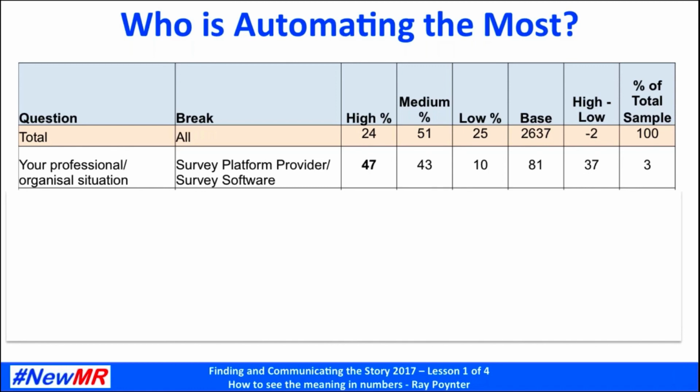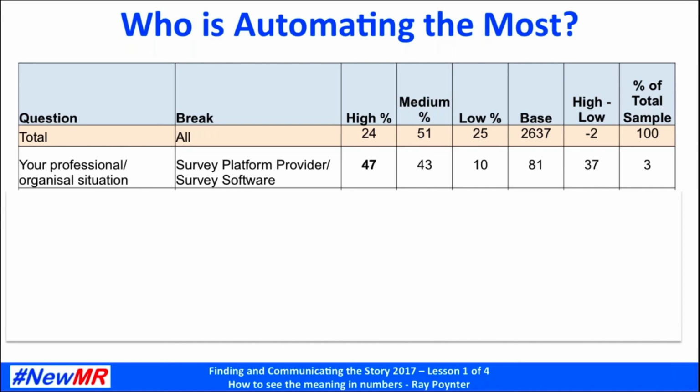And the biggest difference in terms of the gap between high and low was the answer to the question, your professional organization situation, survey platform provider or survey software. Amongst the survey platforms and the survey software and the platform providers, 47% are in that high automation group, and only 10% of them are in the low group.